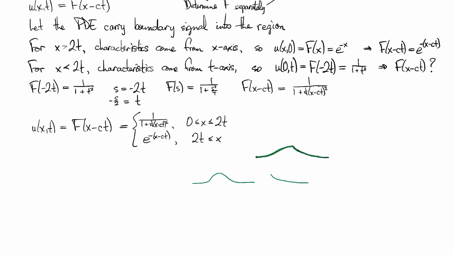Okay. And then we can ask what happens over time. Well, it's going to be propagated, so as we go forward in time, it's going to shift forward in space as well by speed c, speed equal to 2 in this case.